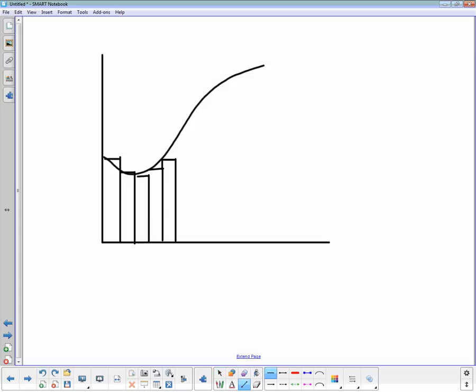So here you can see I'm building a left-handed sum. It's limited by the function on the left.